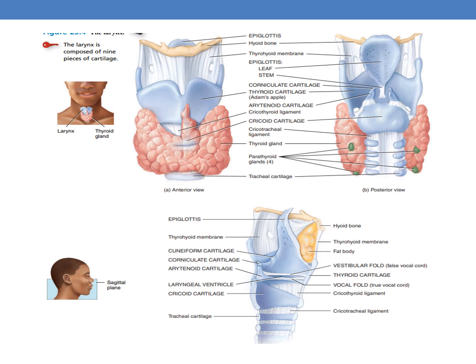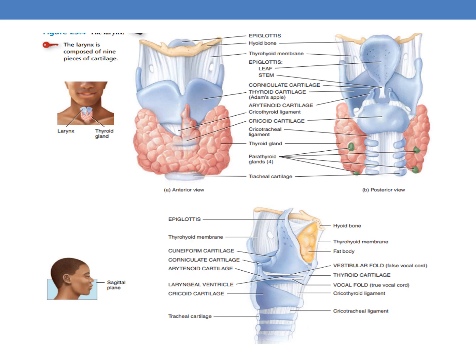And this is the thyroid gland, and these four blue-colored ones are the parathyroid glands. And this is the tracheal cartilage. Here you can see this is the epiglottis, this is the hyoid bone, this is the thyrohyoid membrane, and this is the fat body.